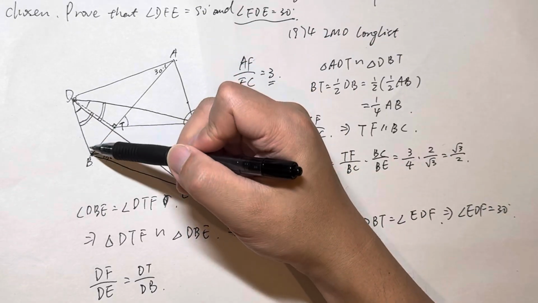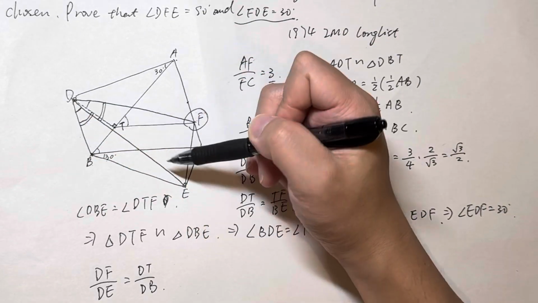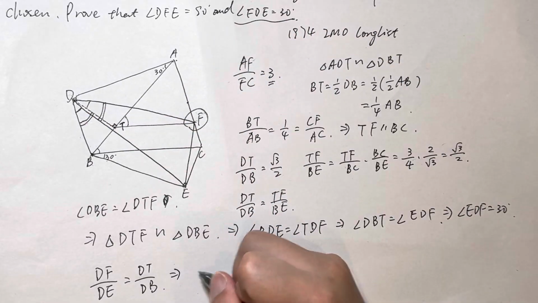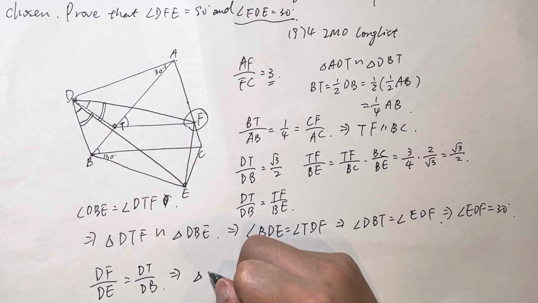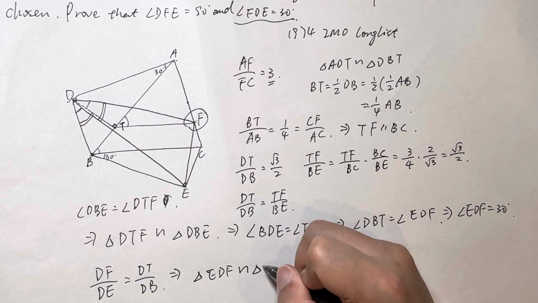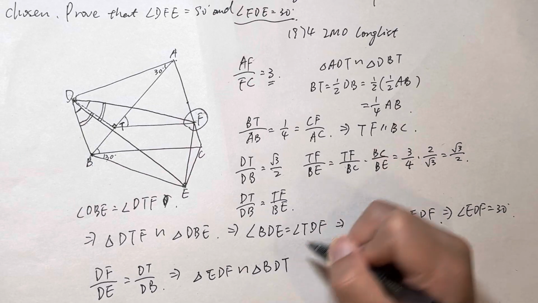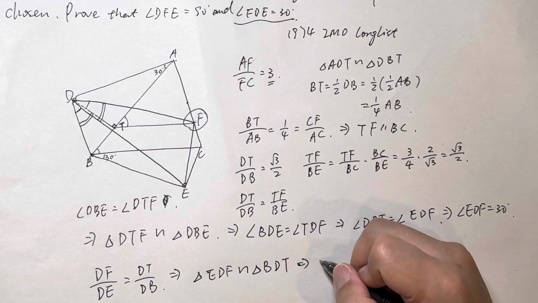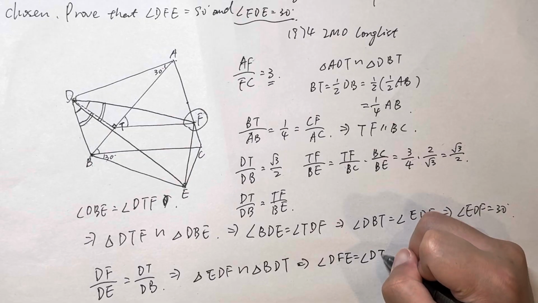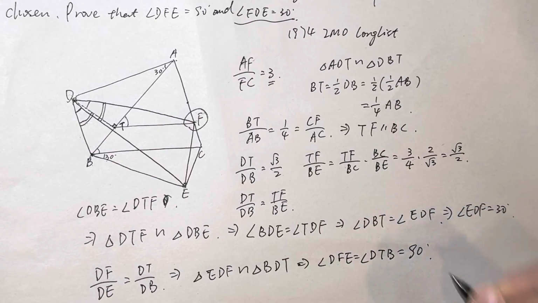And because angle DBT equals angle EDF, we know that triangle EDF is similar to triangle BDT, which means angle DFE equals angle DTB equals 90 degrees.